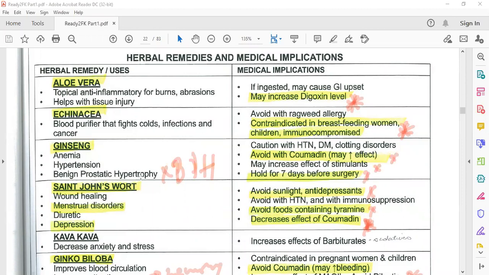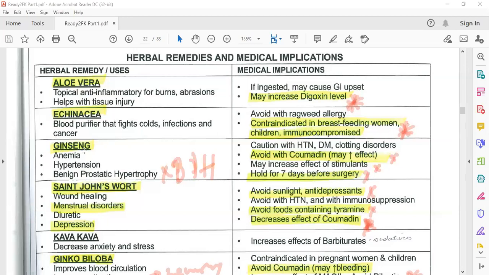So what are the contraindications of ginseng? If your patient has hypertension, diabetes mellitus, or a clotting disorder, we will not give ginseng. It may increase the effect of stimuli. If your patient goes for any kind of surgical operation, we hold it 7 days before surgery, because ginseng interacts with blood thinners.